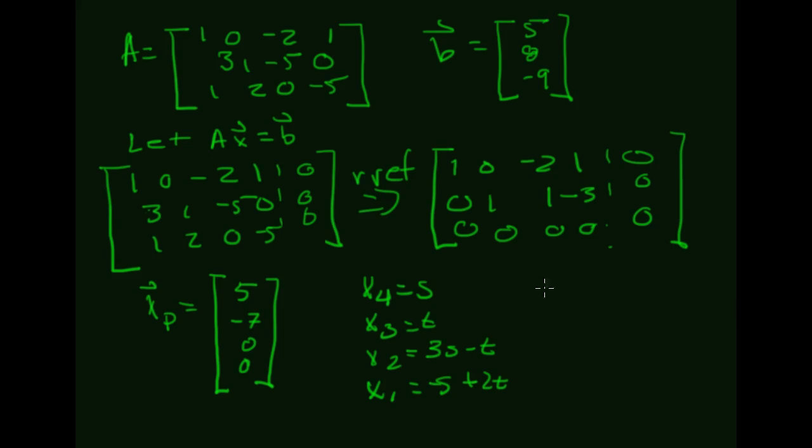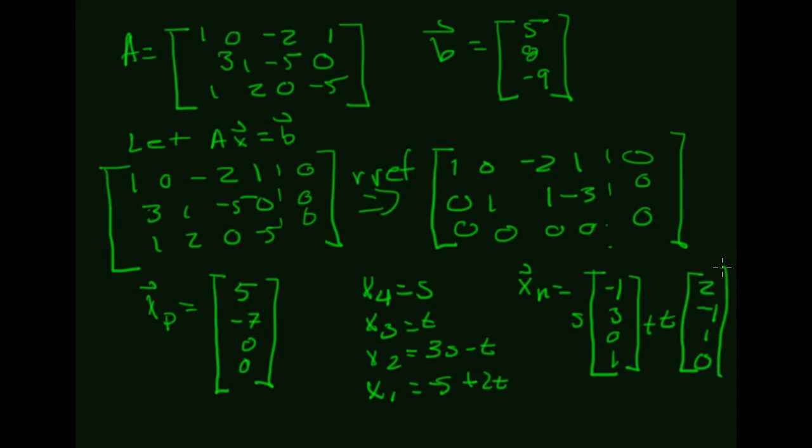So this means that xh is going to be of the form s times (-1, 3, 0, 1) plus some t times (2, -1, 1, 0), right?